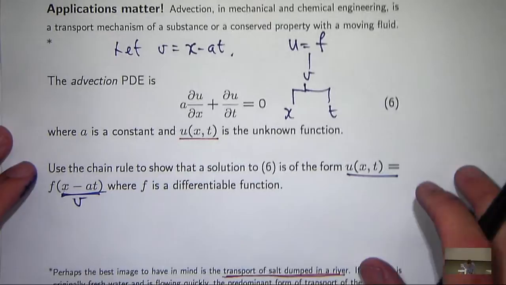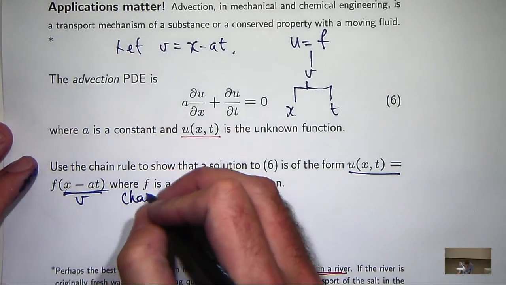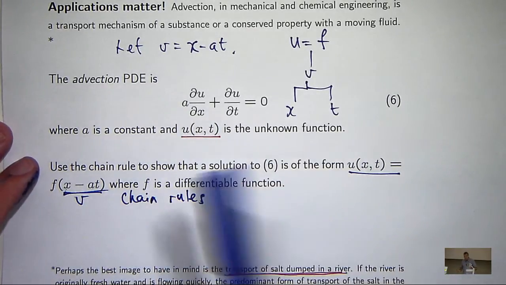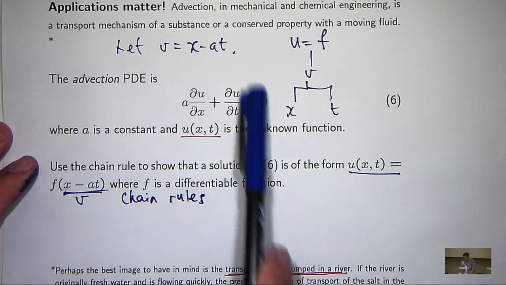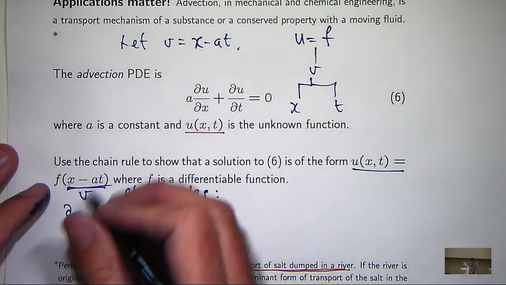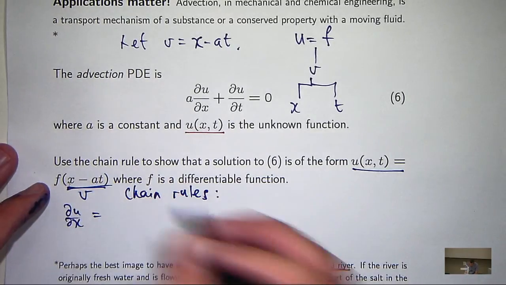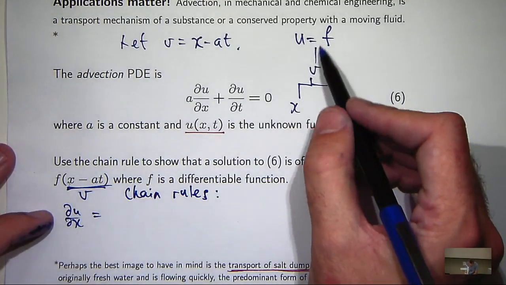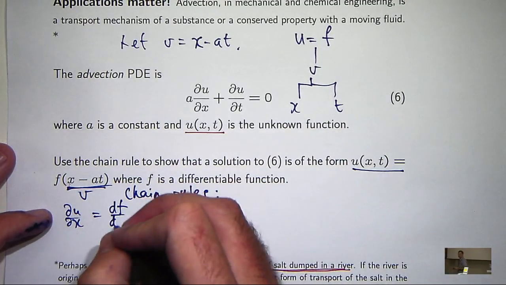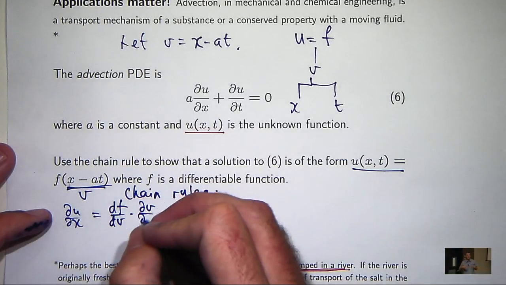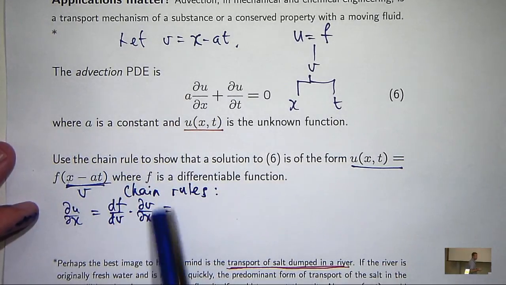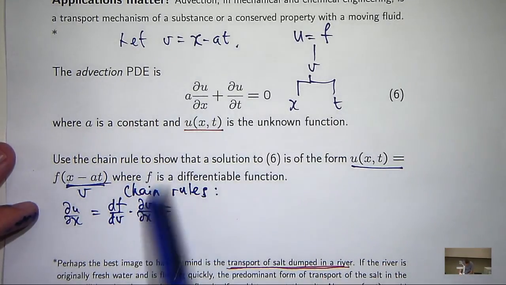All right, so our chain rules are the following. Basically, you want to calculate this derivative and this derivative. So du dx, that's going to be df dv times dv dx. I don't know what f is, but I can calculate this dv dx. It's going to be 1.